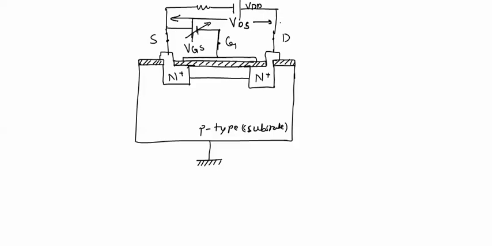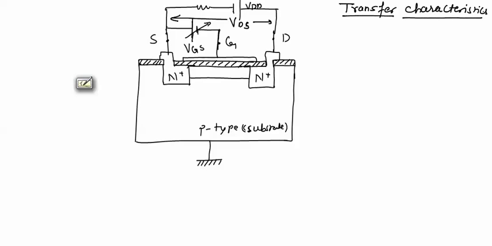Now like JFET, we will first draw its transfer characteristics. In the transfer characteristics, we will draw drain current ID against gate to source voltage VGS, keeping VDS constant.